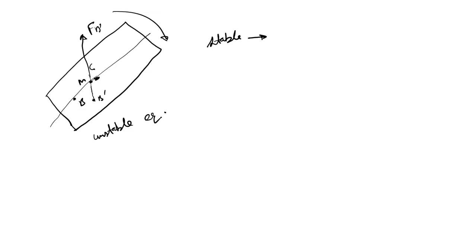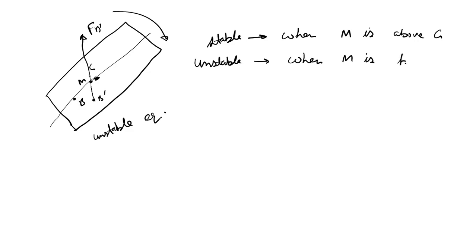A partially submerged body will be stable when M is above G, unstable when M is below G, and neutral when M coincides with G. Okay, so I hope till now the concepts are clear to you all.